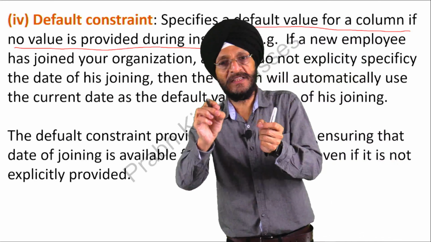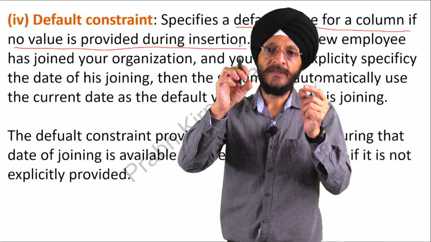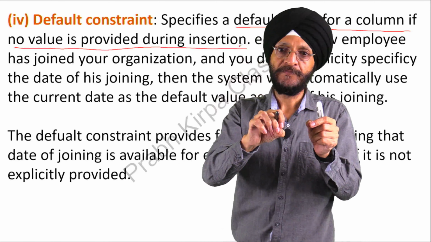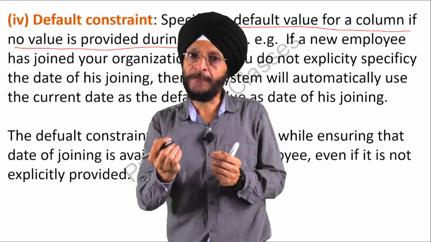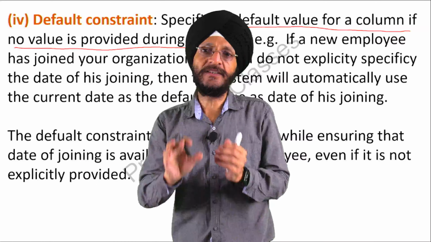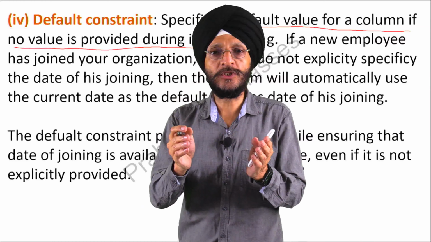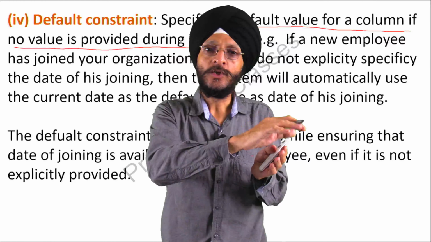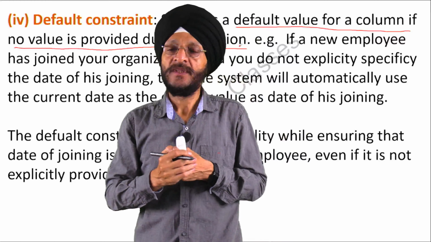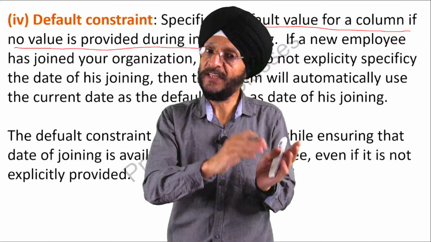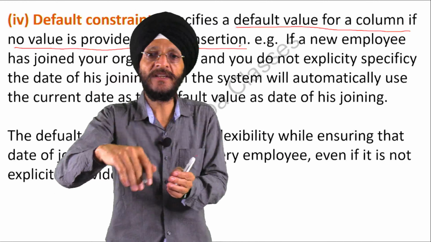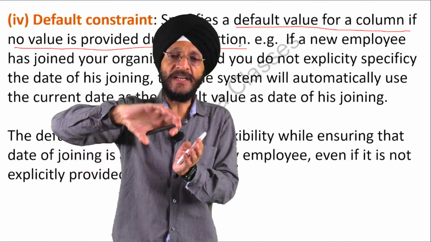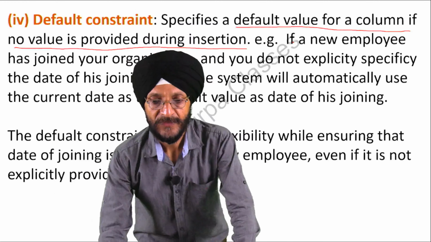Either you fill the date of joining yourself, or the system will automatically take it as the current date. It is quite possible that a person has joined 3 days ago, you may fill the same. But if you do not fill the same, the default constraint will automatically take the date as the current date.